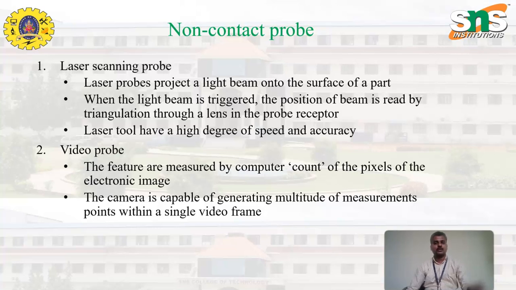Then the video probe features a computer electronic image, as in simulation or CAD software, which finds the points in the camera video, and it is capable of generating multiple measurement points within a single video frame. This is about the non-contact probe.